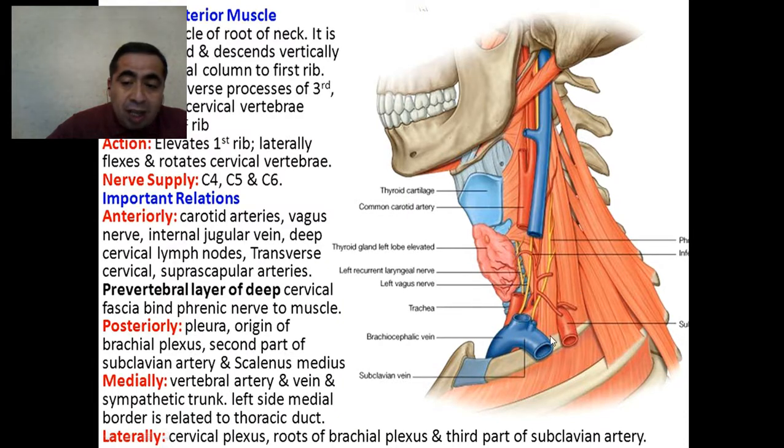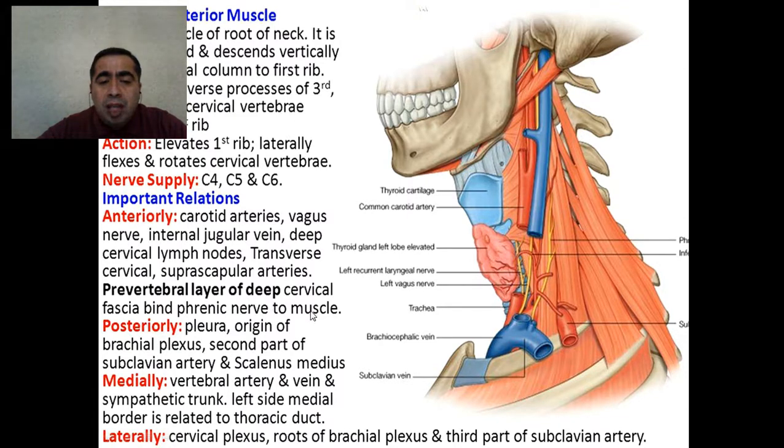The limitation between the antiscalene space and the interscalene space is the anterior scalene muscle. Important relations of this muscle: anteriorly, the carotid arteries, the vagus nerve, internal jugular vein, deep cervical lymph nodes, and the transverse cervical and suprascapular arteries.